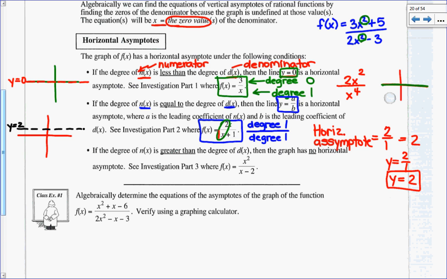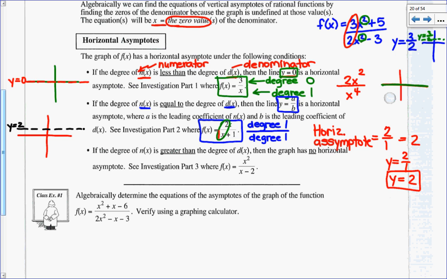So your 2 degrees are the same in your numerator and denominator. So the equation of the asymptote then is going to be y equals 3 over 2. Right? So on a graph, that's the line where y is equal to 1.5, which would be about there. So y equals 3 over 2 is the equation of that line.